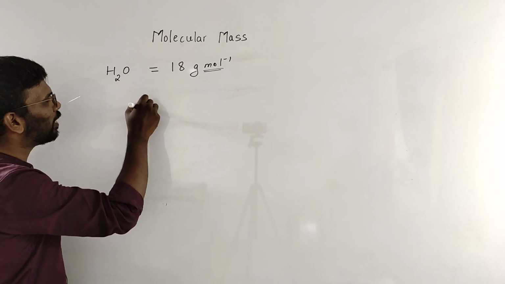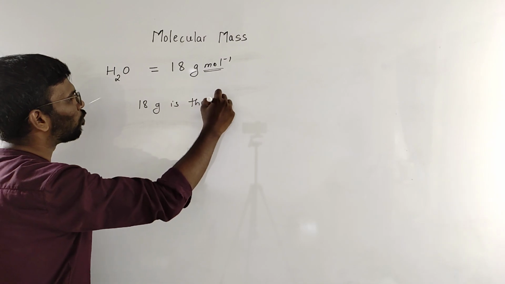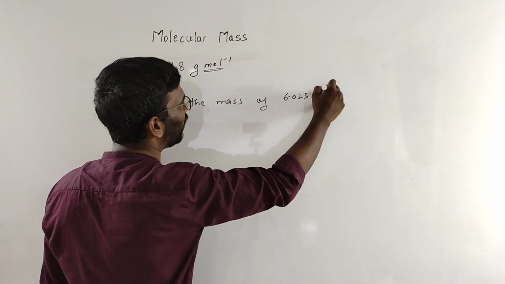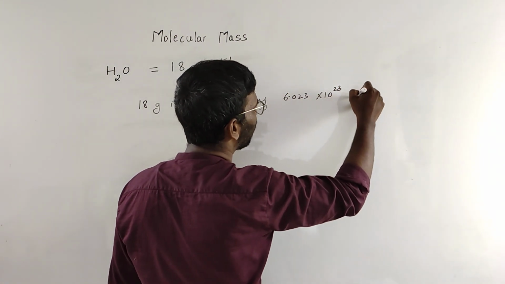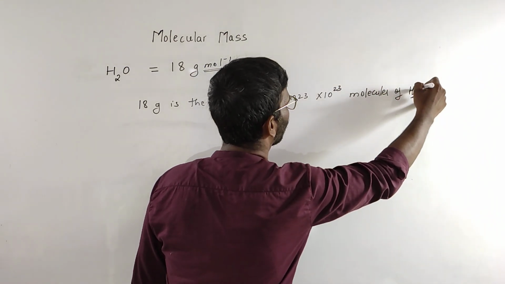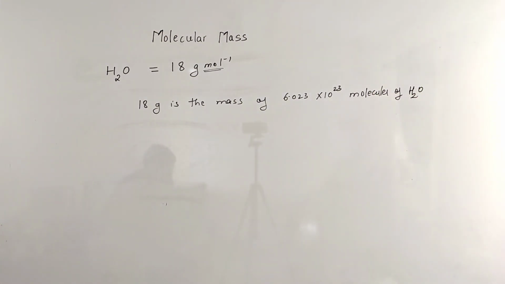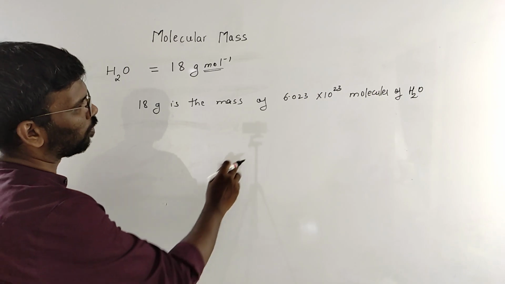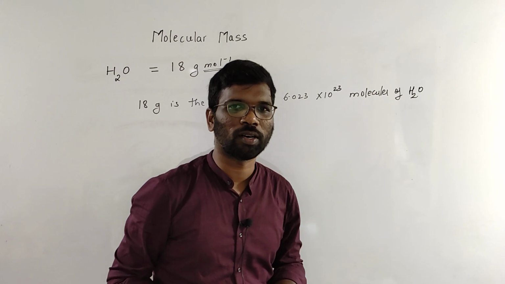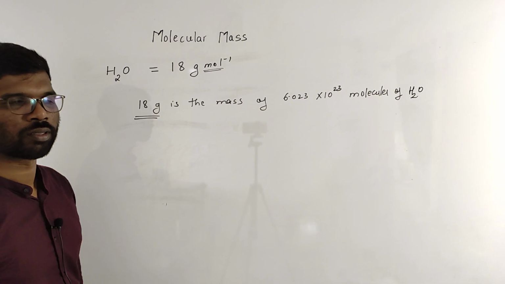Means 18 gram is the mass of 6.023 into 10 raised to power 23 molecules of H2O. When these many molecules of water come together, that time it will weigh 18 gram, right?